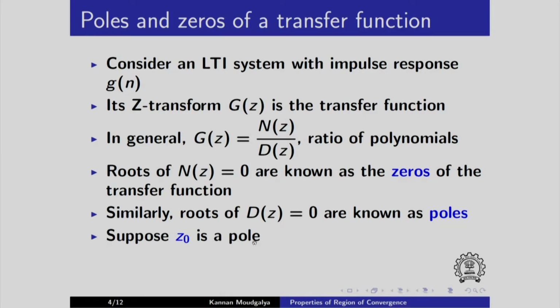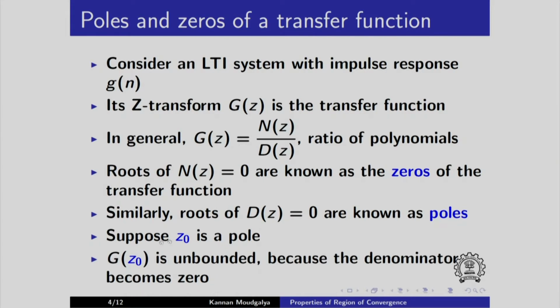Suppose Z0 is a pole, and if you substitute z equals Z0, what will happen? G of Z0 is unbounded, because D of Z0 becomes 0, because that is how the pole is defined. As a result, we conclude that this transfer function G(z) becomes unbounded at its pole.